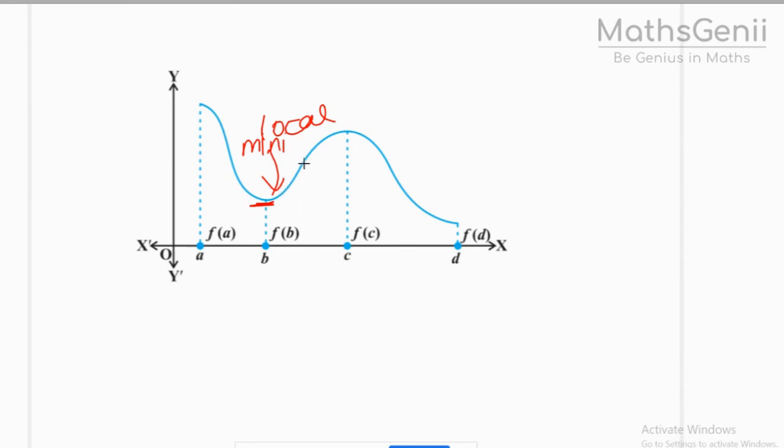This point in the graph from B to C, it's increasing, increasing, increasing. At this point, it stops increasing. So this is a local maxima. Correct? So this was all local. But what about absolute? If you see that f of A is the highest and f of D is the lowest.